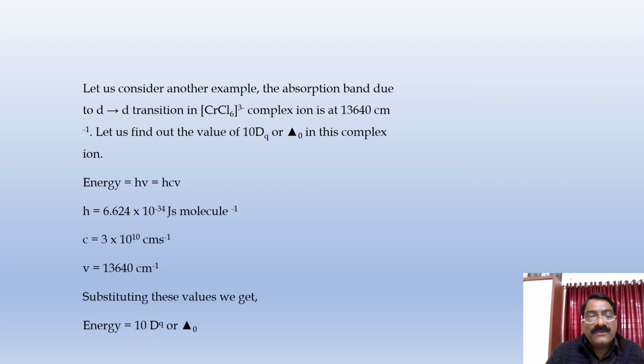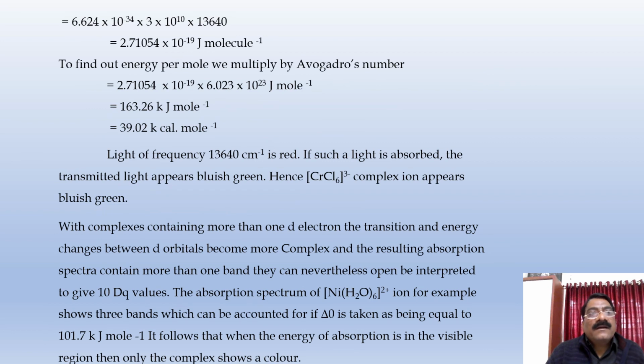Substituting these values: 6.624 × 10^-34 × 3 × 10^10 × 13,640, we get 2.71054 × 10^-19 joule.